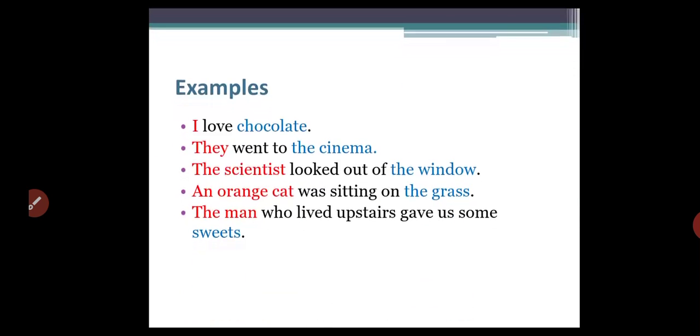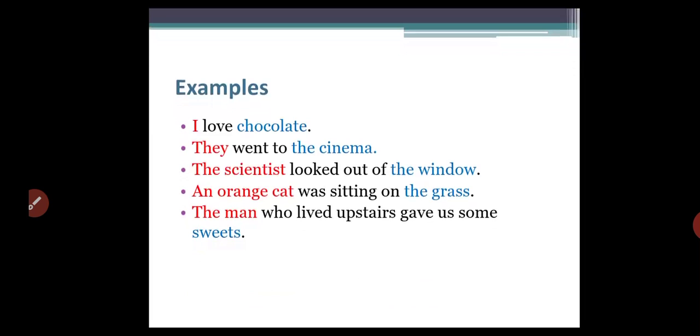Here we have a few examples. I love chocolates. All the red ones are subjects, all the blue ones are the objects. I love chocolate. So I is the subject, chocolate is the object, and love is the action the person does. They went to the cinema. They is the subject, the cinema is the object. The scientist looked out of the window.